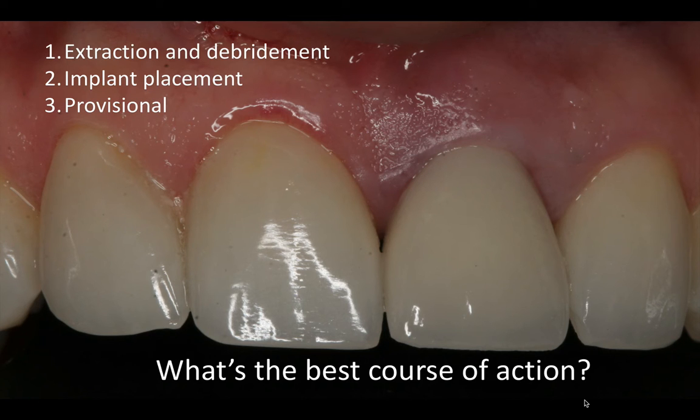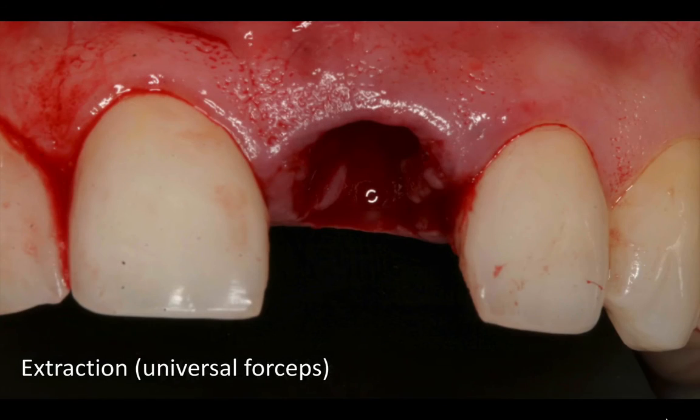So for this patient, like I mentioned before, the extraction process itself is very simple. You can use universal forceps, and as long as this tooth is relatively intact, it'll come out, because with a large periapical infection, the tooth has quite a bit of leeway to move out of the socket, as opposed to a tooth that is fractured and the bone around it is intact.